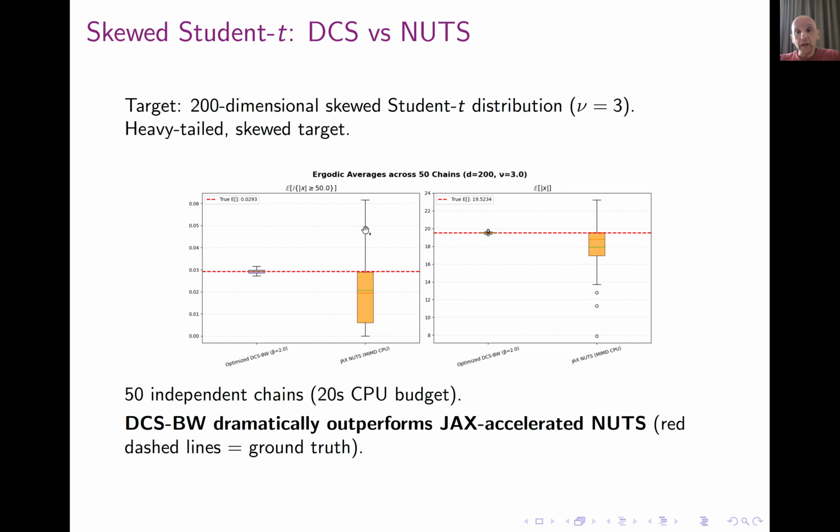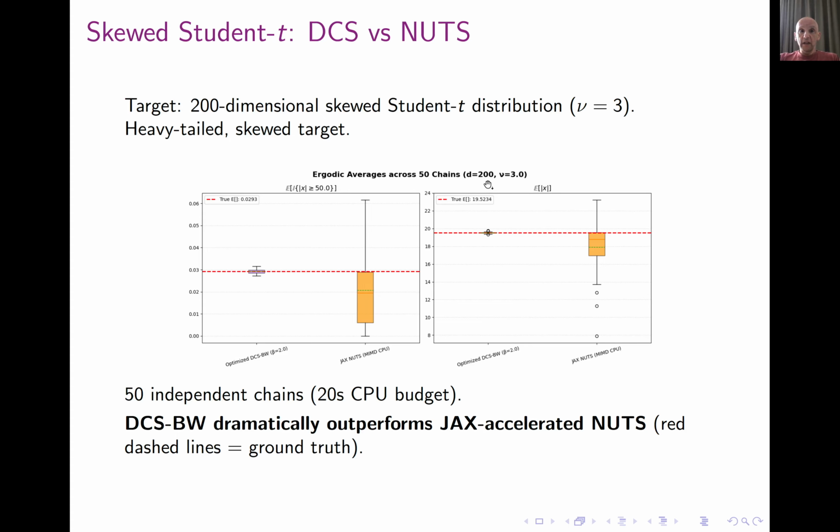And here, of course, we compare to the JAX accelerated no U-turn sampler. The no U-turn sampler has a professional implementation in Stan, and this is the JAX accelerated implementation, and you see that this amateur implementation of DCS with an underlying ball walk dramatically outperforms this one, and the difference is maybe even starker when we look at the first moment. This is a relatively small dimension, a 200-dimensional example.